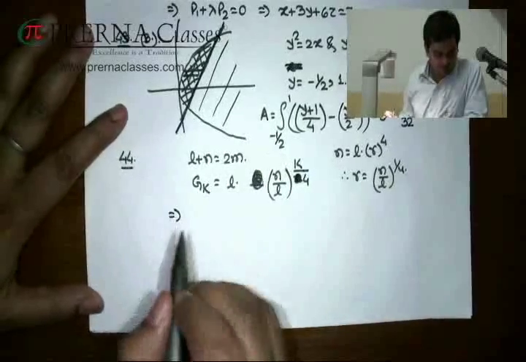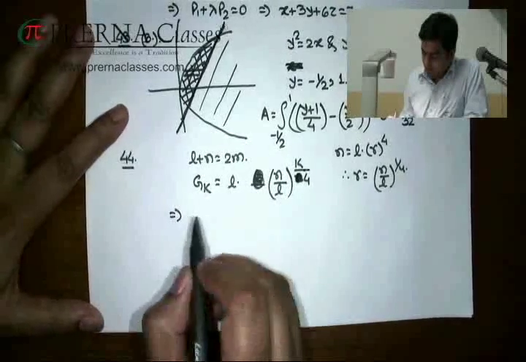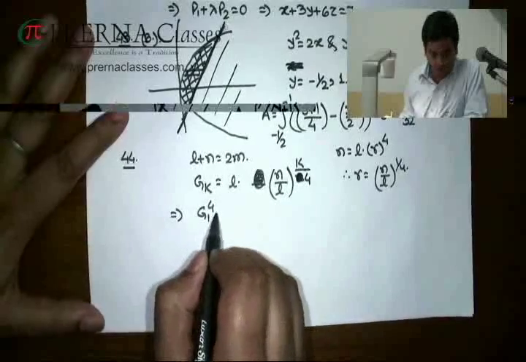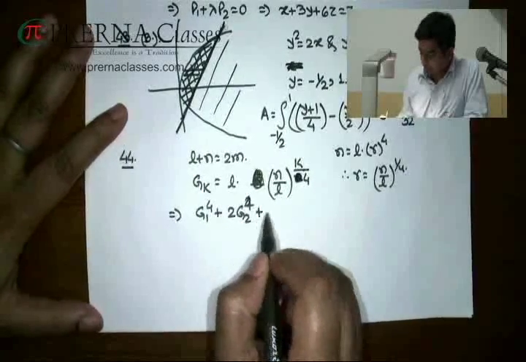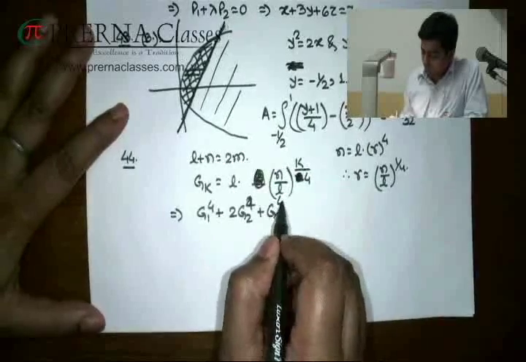Since it is given that you have to simplify G1 to the power 4 plus twice of G2 to the power 4 plus G3 to the power 4.